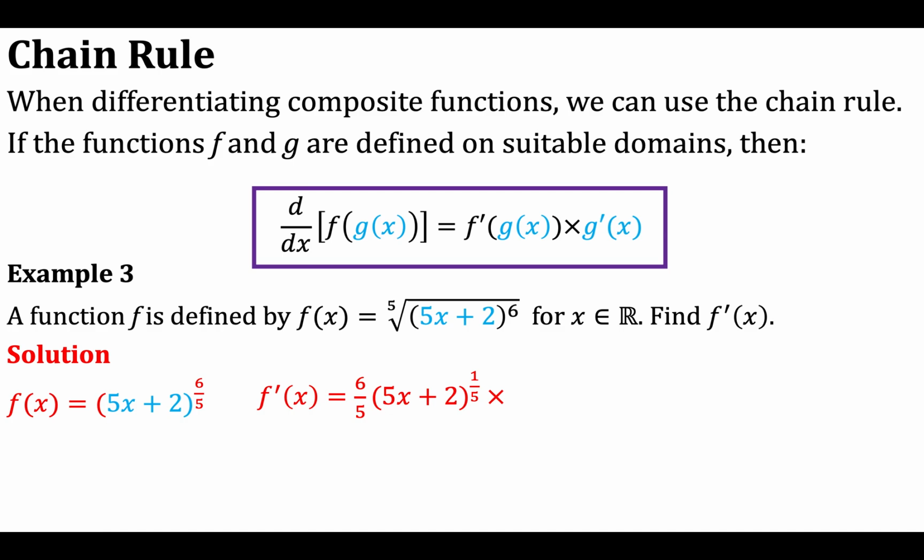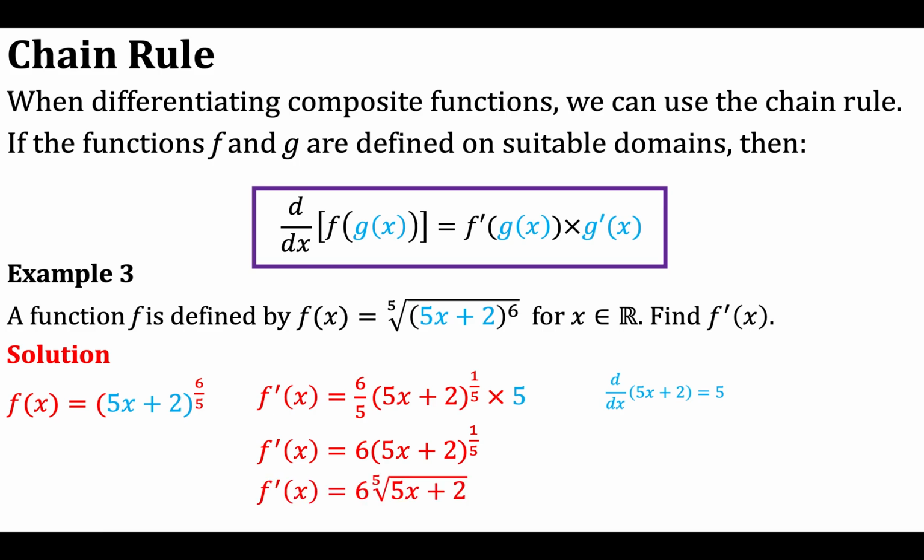And we need to multiply by the derivative of 5x plus 2, which means we're multiplying by 5. Now the 6 fifths multiplied by 5 is 6, and we've still got our (5x plus 2) raised to the power a fifth. And we know that the power a fifth is the fifth root. So that's 6 multiplied by the fifth root of 5x plus 2.